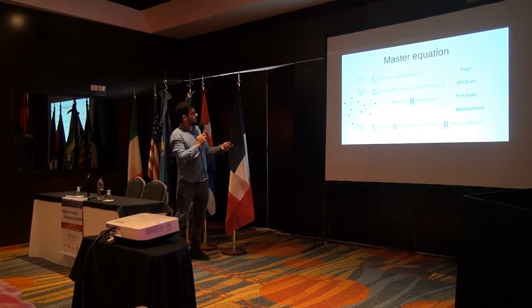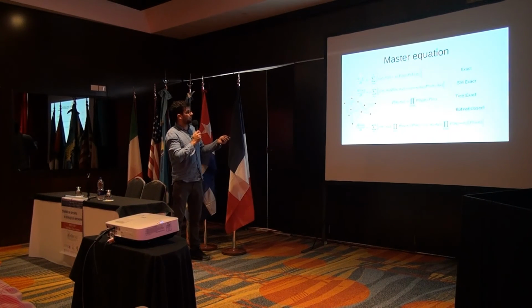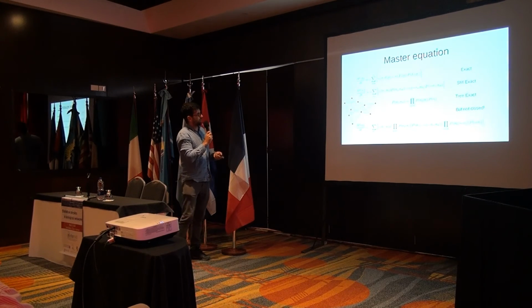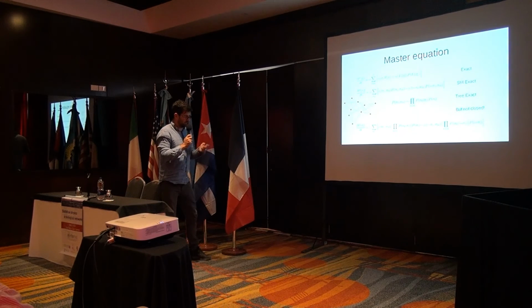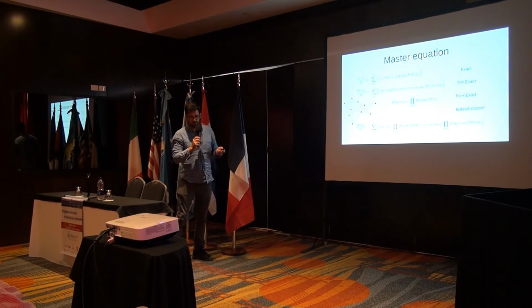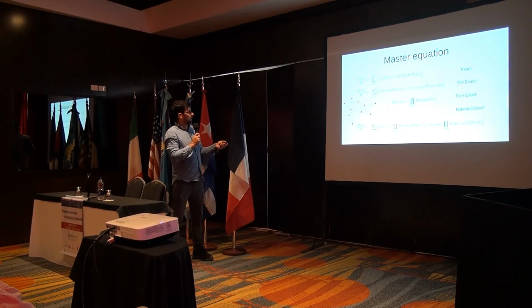So, going a little bit more into detail, you have this exact master equation for whatever Markovian process. You can marginalize over all spins except one in particular. So in principle, this still would hold.